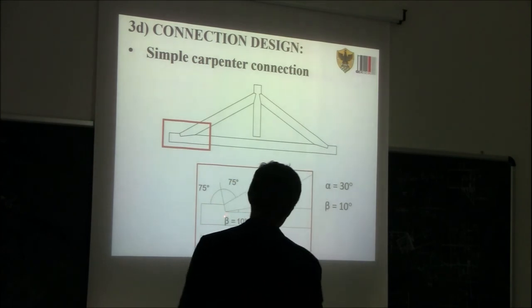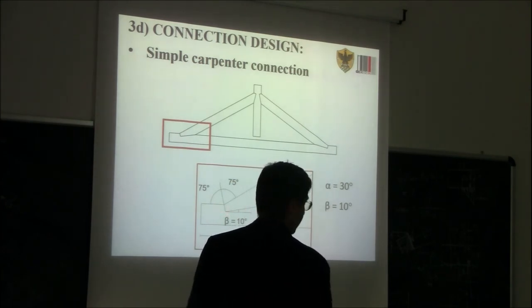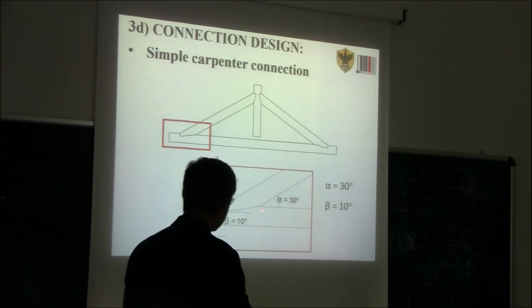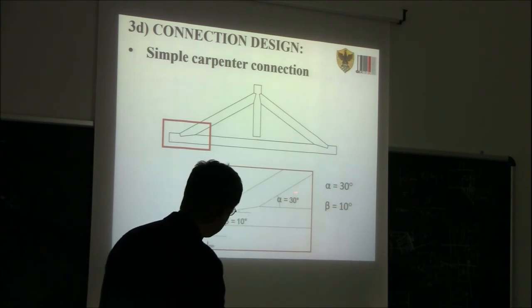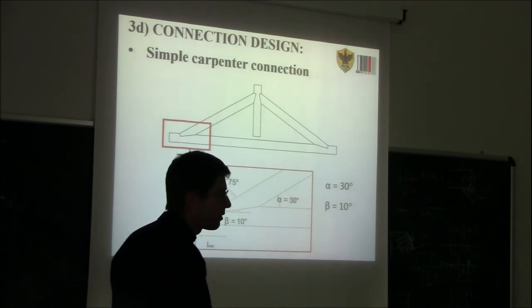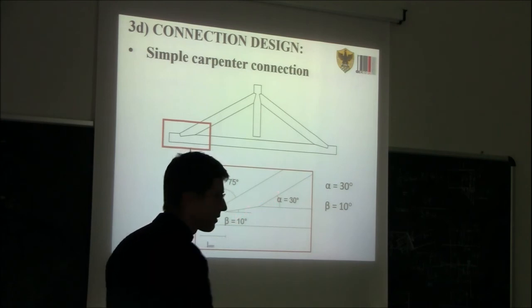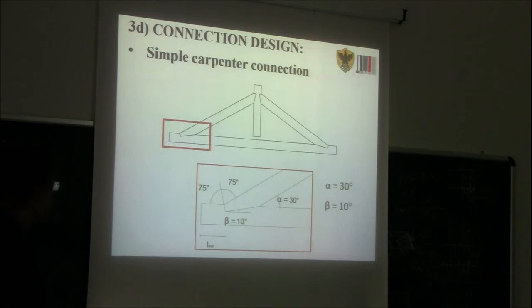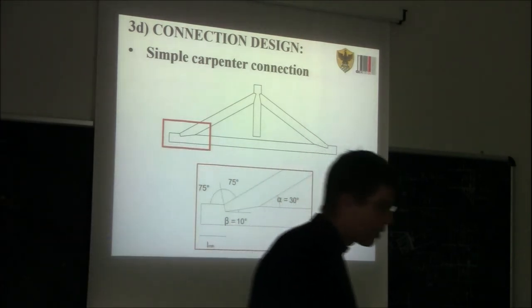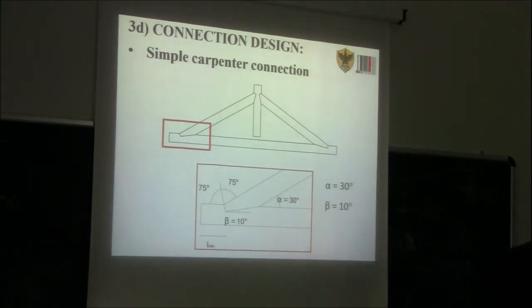While instead you see that in this case, the other carving was not cut at half the inclination angle of the rafter. So this is 10 degrees inclination rather than 15. So we have those two angles that we need to consider when we are going to do our ultimate state control: alpha 30 degrees and beta 10 degrees.